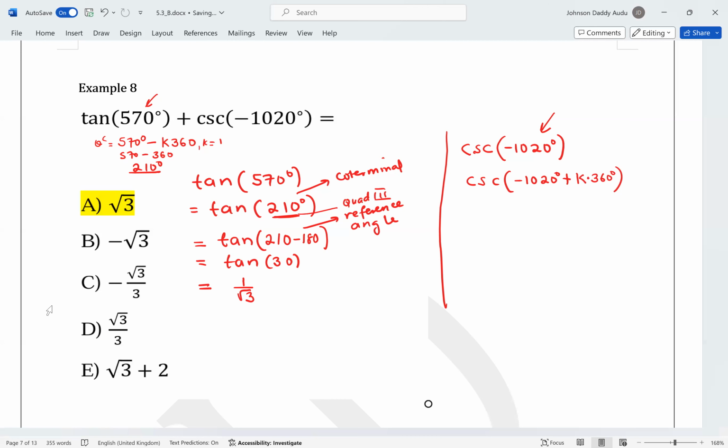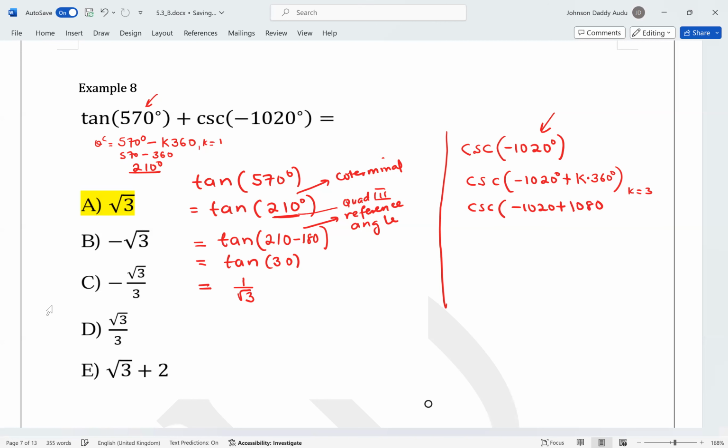And here, what is the k? Which k can we use? I think we can use k to be 3. So if you take k to be 3, you will have cosec of minus 120 plus 3 times 360, which is 1080, right?